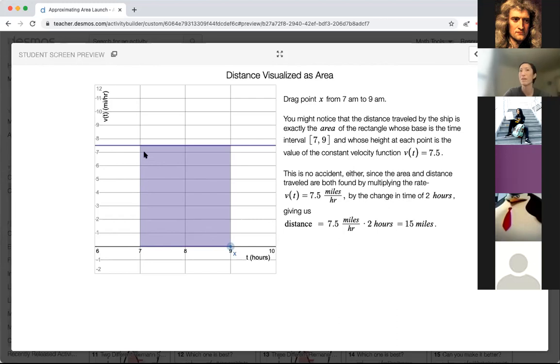And we know that 2 times 7.5 gives us 15. Okay. Now, this is not a coincidence, all right? This is not an accident, because when we find the area under here, we're actually also finding the distance because we have time and velocity. Okay.